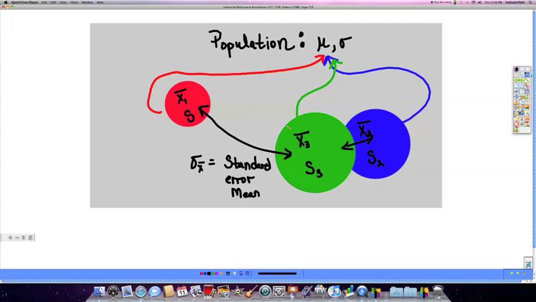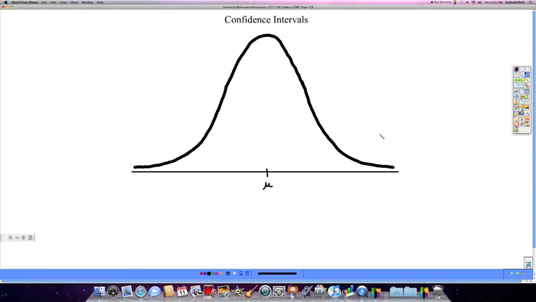And this is the thought process that we're using. We're continuing to work this concept when we do confidence intervals. Now, what is a confidence interval?